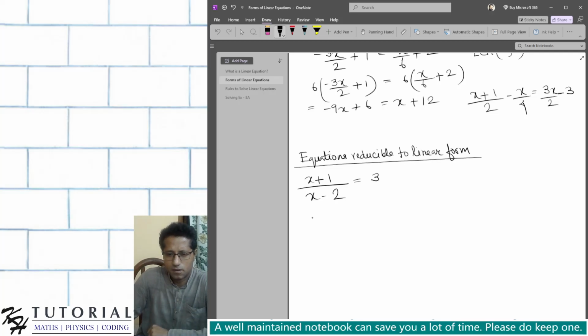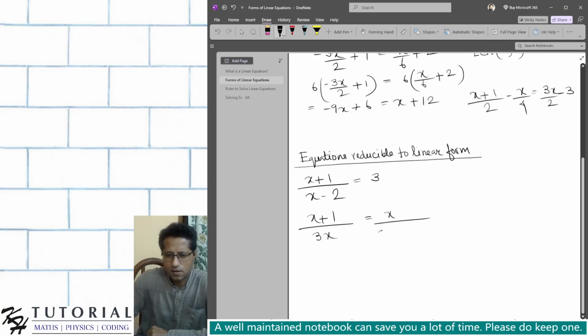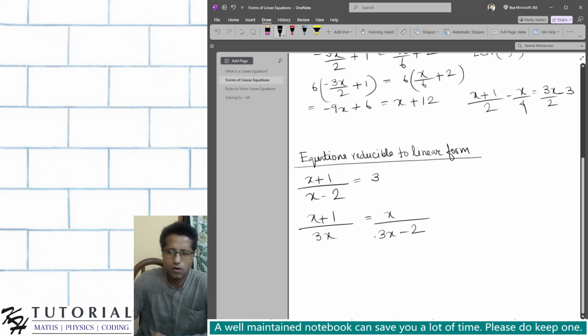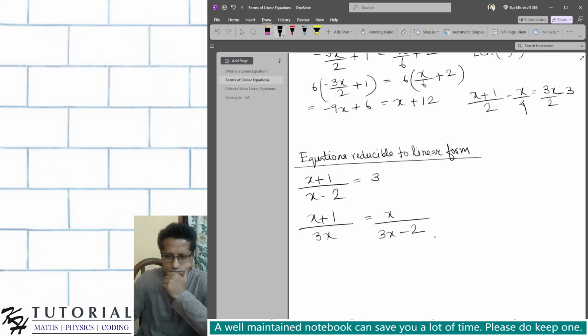Another example could be x plus 1 by 3x is equal to x by 3x minus 2. This equation is also not in linear form, because both LHS and RHS are not linear polynomials. In fact, they are not polynomials at all.